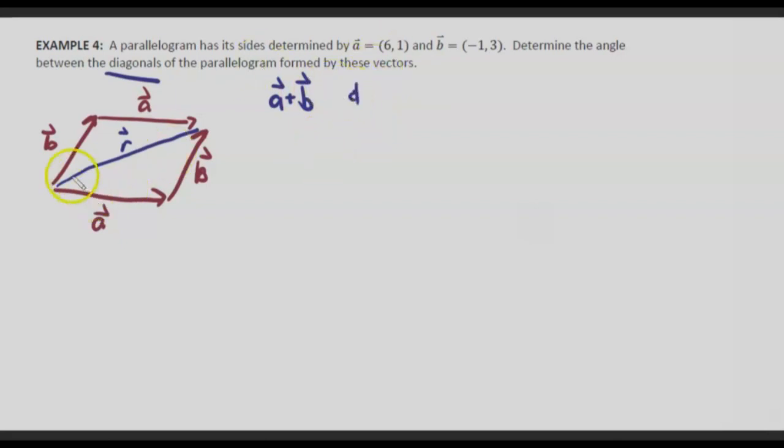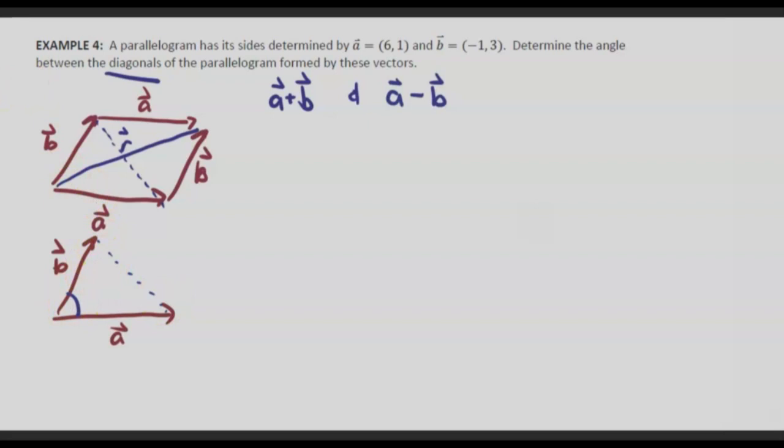Okay, now the other diagonal, which is like this, as you can see, would be from vector A, vector B. If we were talking about this one being the diagonal, if you remember how we take this angle when it's tail to tail, this would actually be vector A minus vector B. And then we would just take it tail to tail.